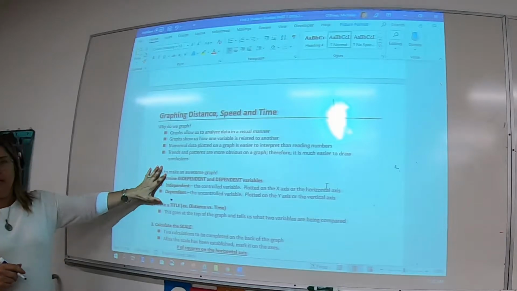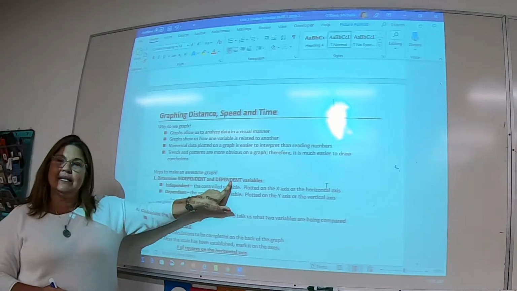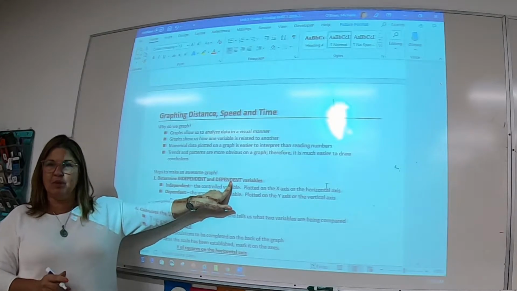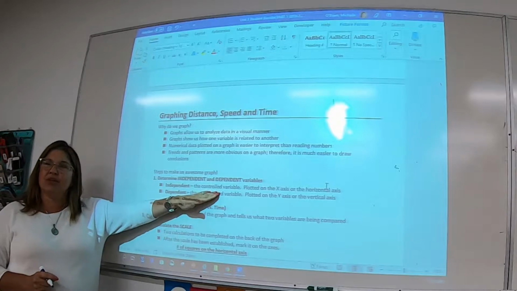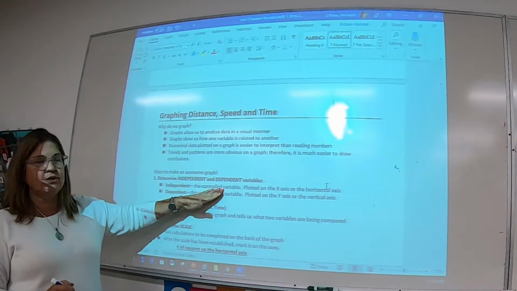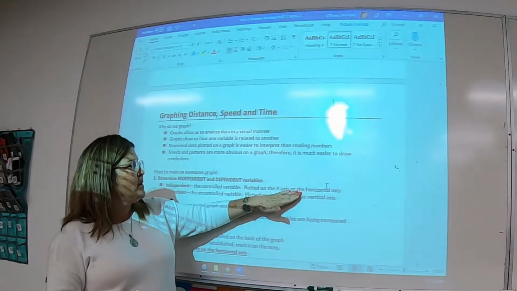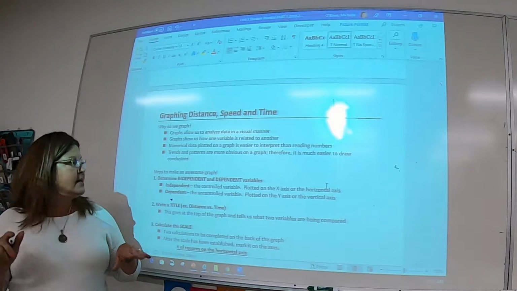Okay. First thing we have to know the difference between an independent and a dependent variable. If we're looking at the independent, that's called the controlled variable, and that word you might want to underline. And it's always plotted on the x-axis or the horizontal axis.